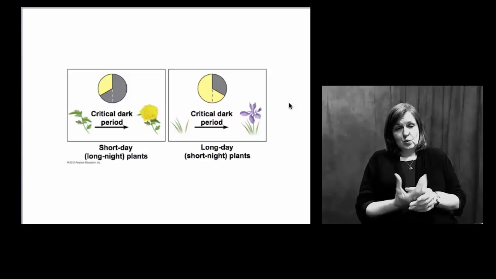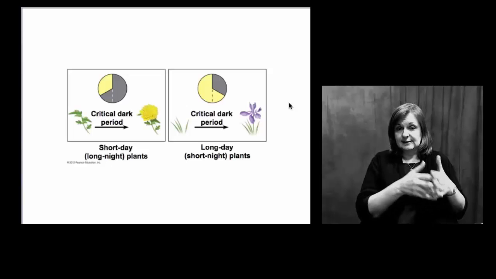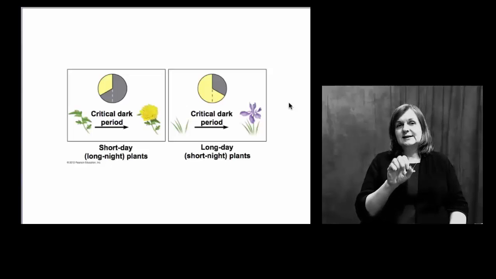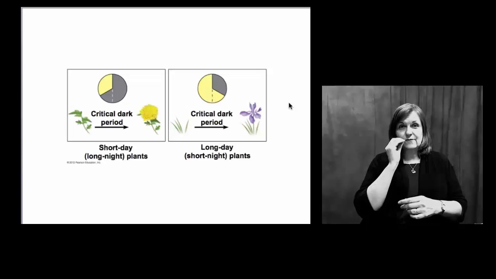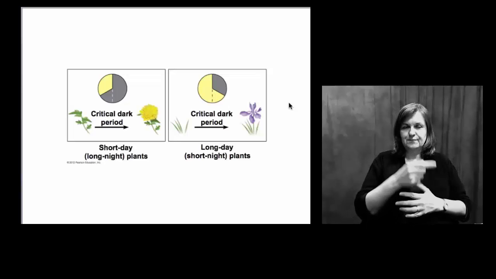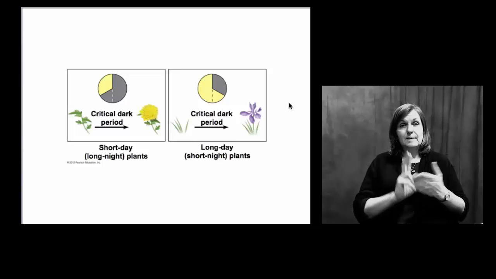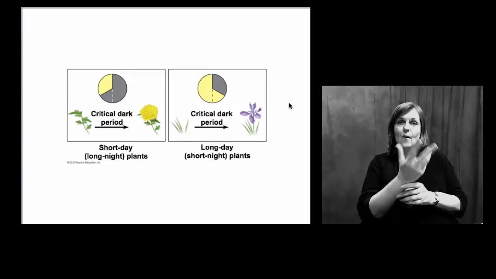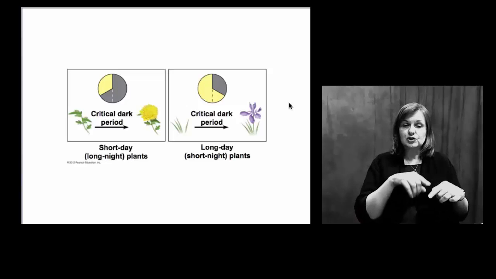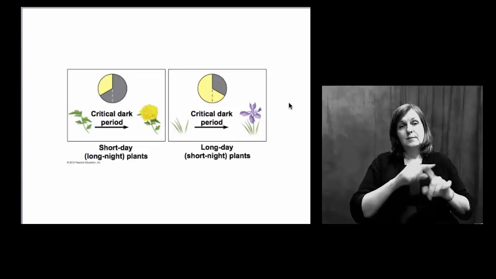Some of the first plants that we see come out and bloom in the springtime in the Northeast United States are actually daffodils. When we look at those, they're what we consider a short day plant. They're going to become active and bloom, germinate, during still relatively short days.